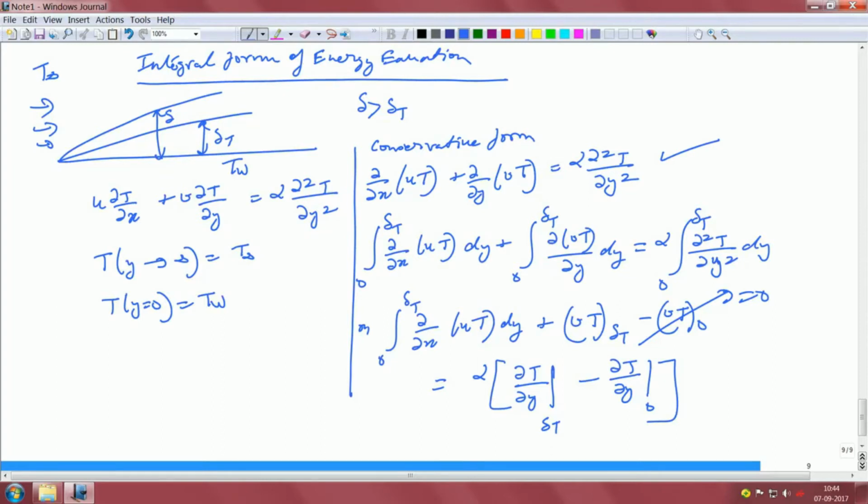If you want to write it in a proper form, that can also be done. You can still continue in that particular way, but here V is equal to 0. So, that is what we have taken.